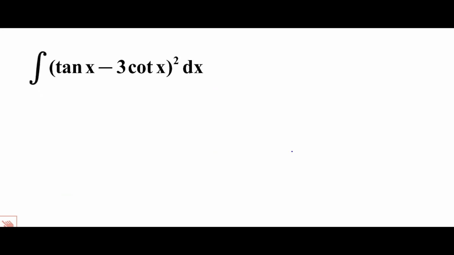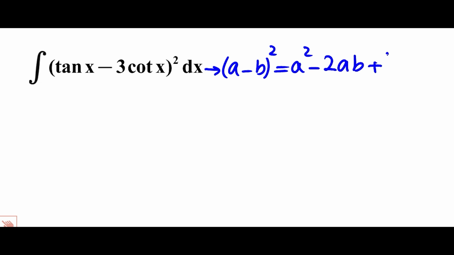The integral of (tangent x minus 3 cotangent x) whole squared dx. As you know, (a minus b) whole squared equals a squared minus 2ab plus b squared. So a equals tangent x and b equals 3 cotangent of x, right?